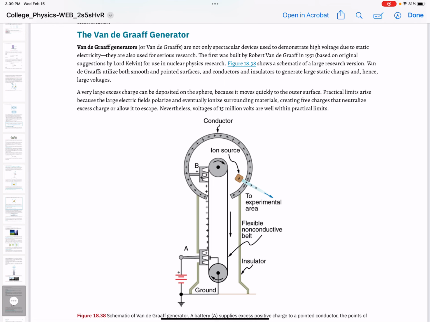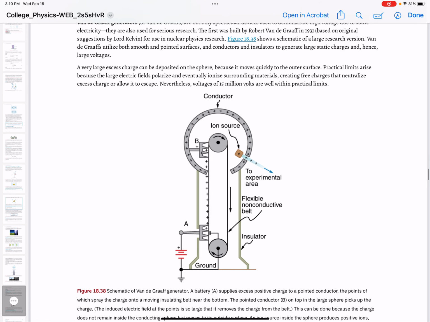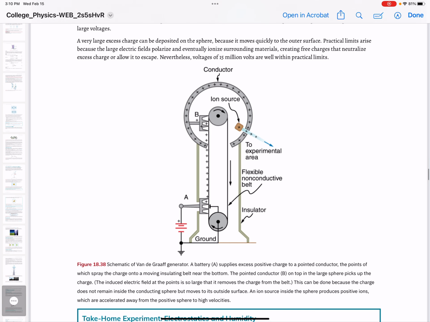So how does this Van de Graaff generator work? If you notice, we have ground here, and there's this rubber belt driven by a motor or a crank, and you want it to be insulated so you don't get an electric shock yourself.